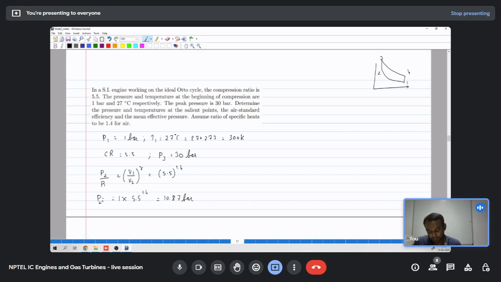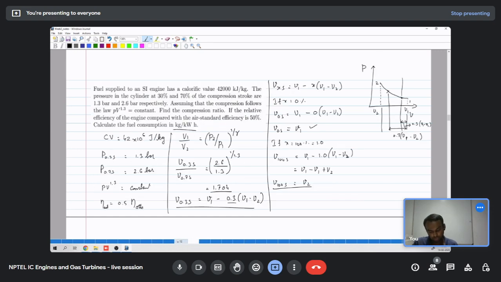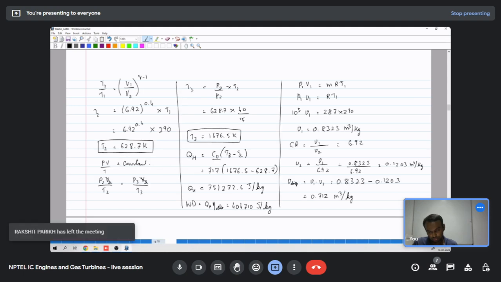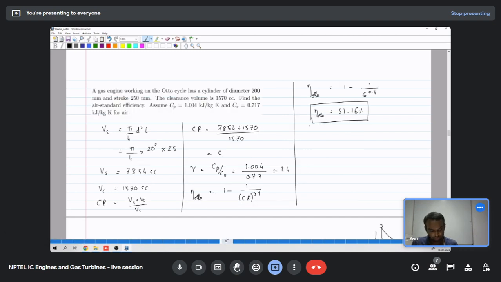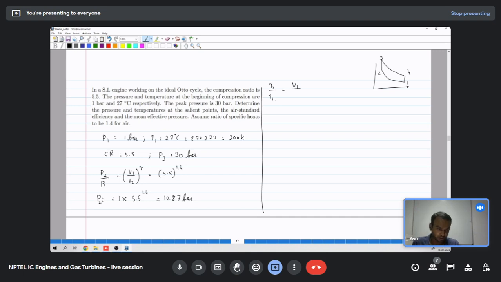Now we know the pressure at second state. We need to calculate the temperature at second state. So we have the relation T2 by T1 is V1 by V2 power gamma minus 1, so this is again compression ratio power gamma minus 1.